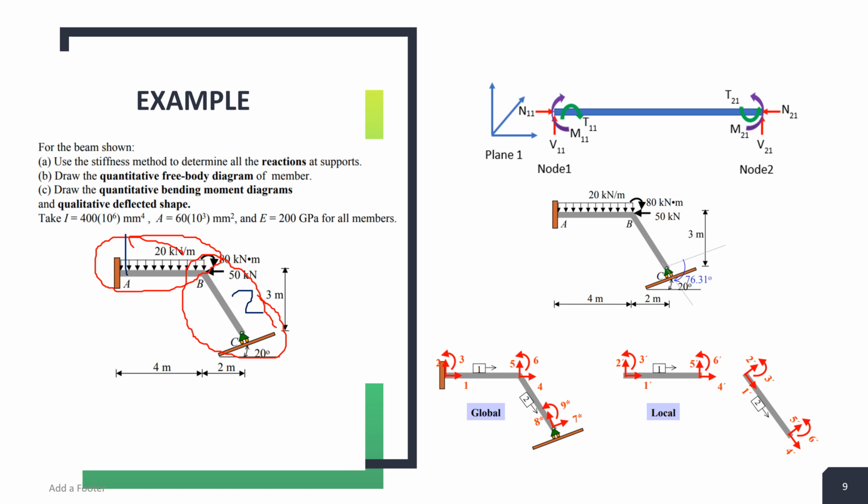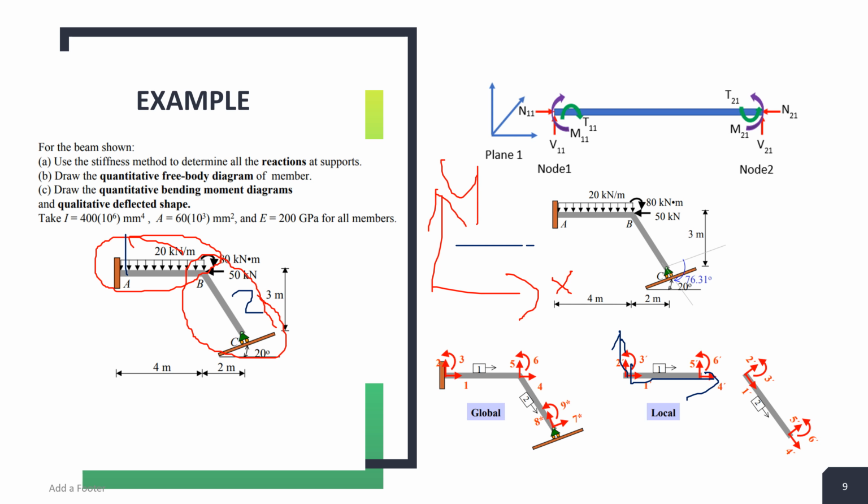So the local axis is just considering the axis of the member without considering the other members. For example, the local axis for member 1 is just the usual axis x and y.